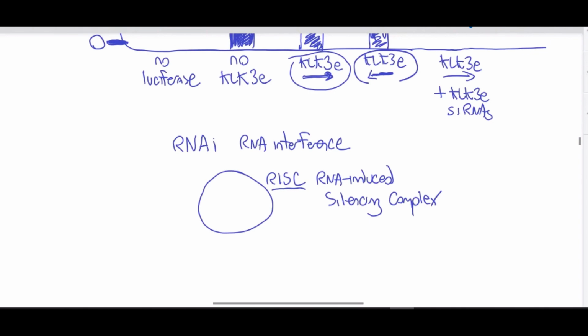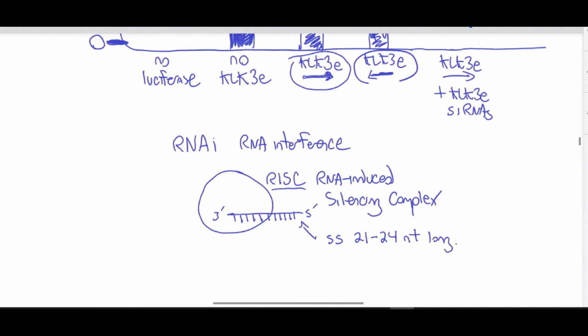Now, what RISC does, it binds to these short interfering RNAs. The short interfering RNAs often start as double-stranded, but in the RISC complex, they are single-stranded, 21 to 24 nucleotides long.